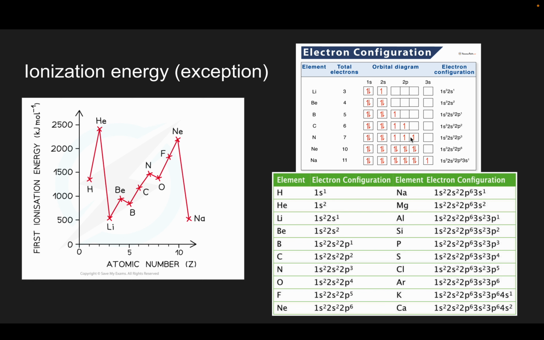As you can see here, nitrogen's 2p group is half full, even though the electrons are alone without a pair, but the fact that it's half full and there are no more electrons in this group makes it more difficult to take out the electron.